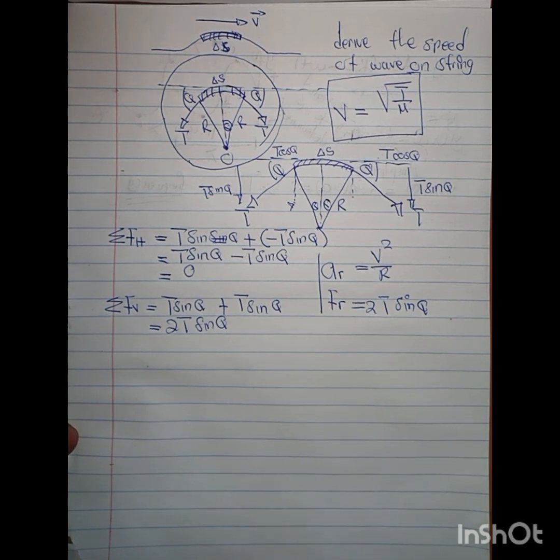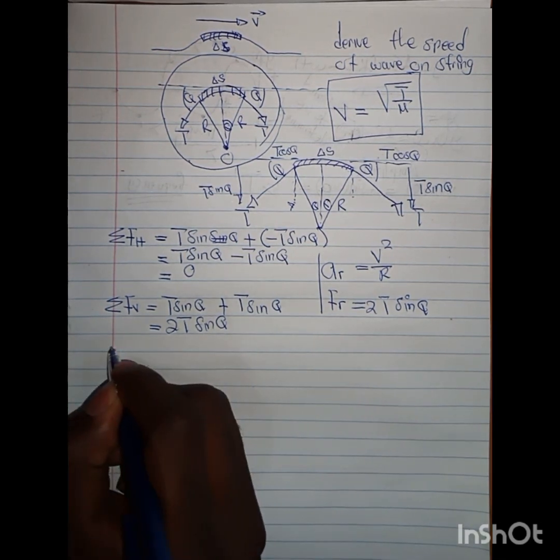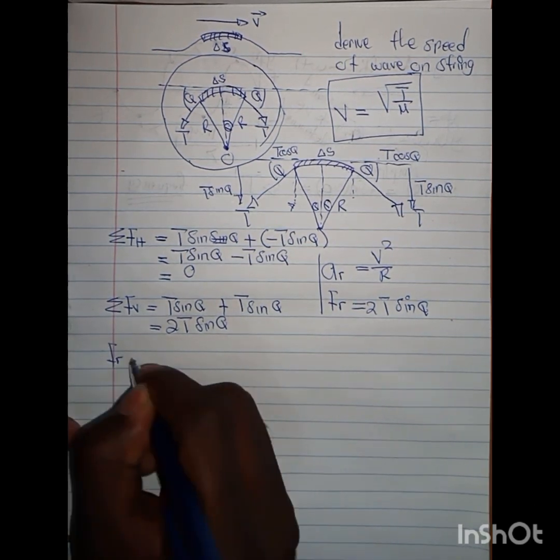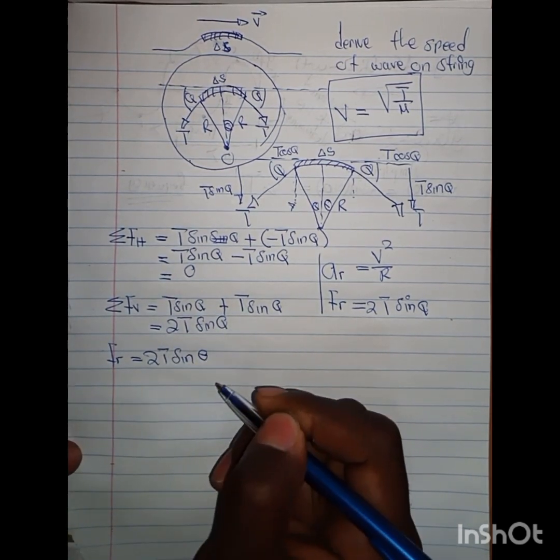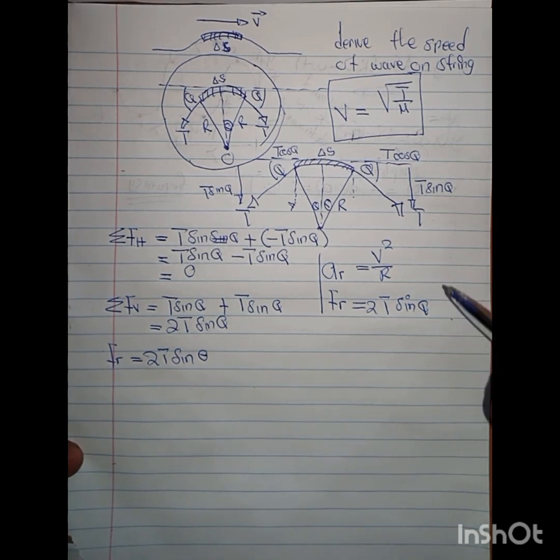Then now we can write our radial force this side. Fr is equal to 2T sine theta. Remember, we are dealing with an infinitesimal element, so it's extremely small.